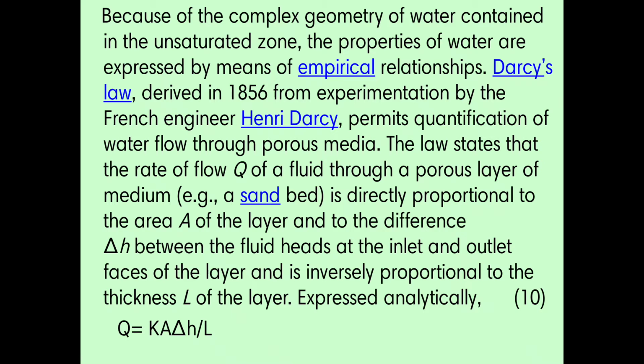The law states that the rate of flow Q of a fluid through a porous layer of medium, it may be a sand bed, is directly proportional to the area A of the layer and to the difference ΔH between the fluid heads at the inlet and outlet faces of the layer, and is inversely proportional to the thickness L of the layer.